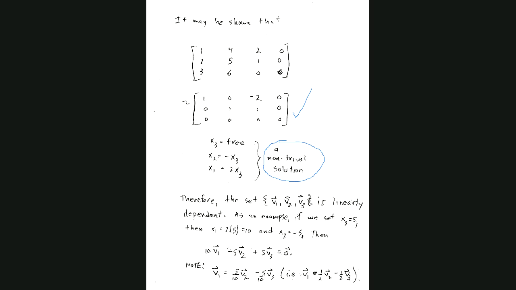But you can set x3 equal to a different number, and you'll get a different solution than 0, 0, 0. So it's a non-trivial solution. Therefore, this set of vectors is linearly dependent.